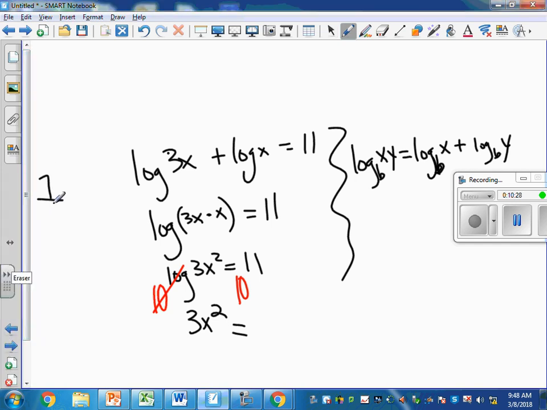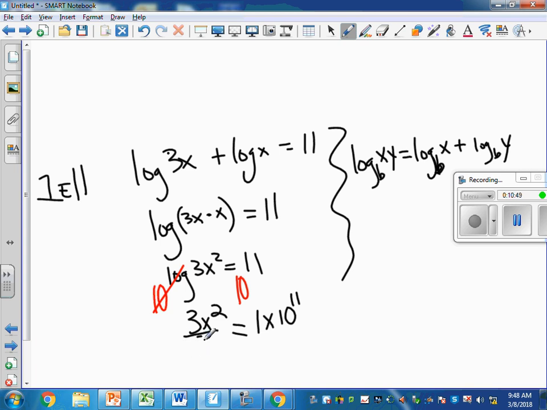That's scientific notation. I have 1 times 10 to the 11th. So the number is so large that even the calculator can't show me all the digits, so it's putting it in kind of a shorthand.